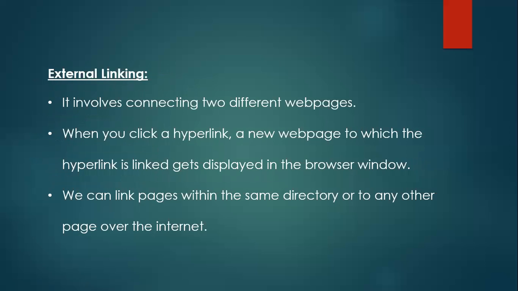So when you use a destination link, you are using external linking. External linking involves interconnecting two different pages. Two different pages can be linked together with the help of external linking. How we will use the anchor tag A and implement it, we will see in the next classes. Okay, clear, students?